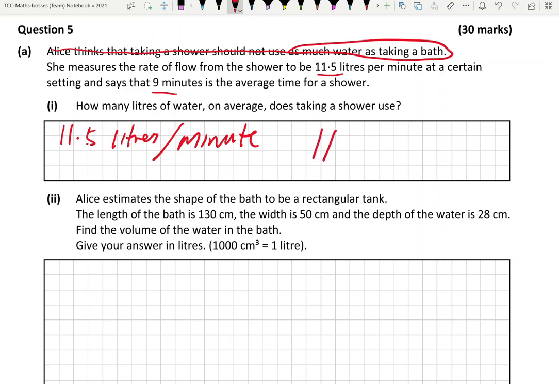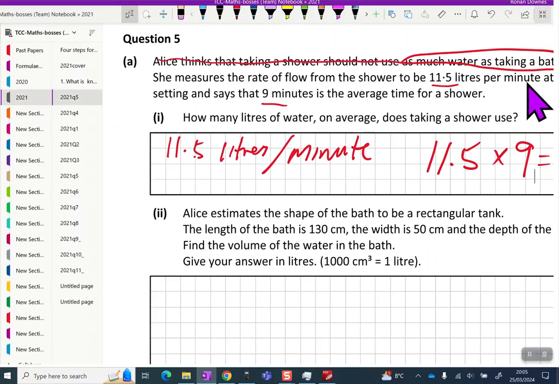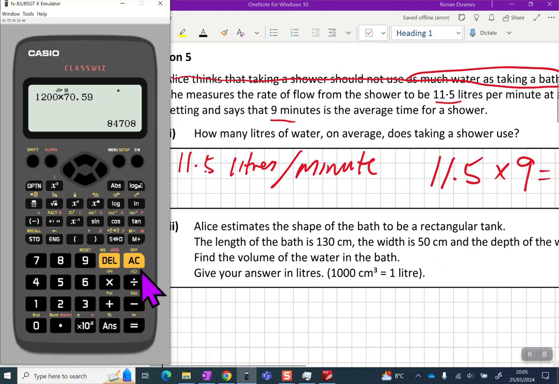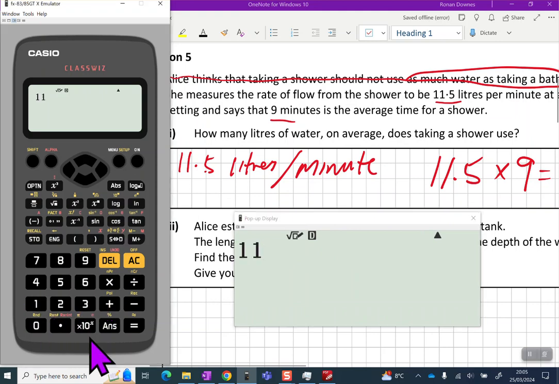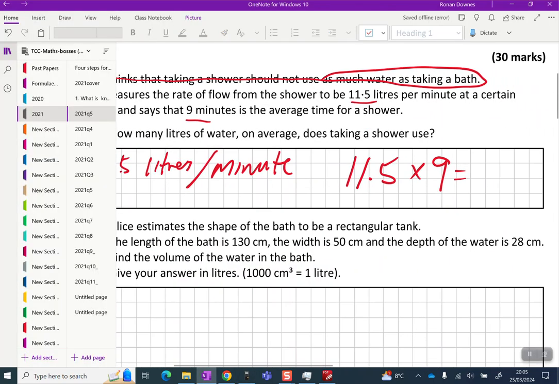So the answer will be 11.5 multiplied by 9, which we'll do on the calculator. And we get 103.5 liters of water.